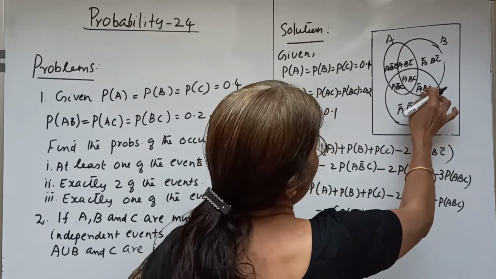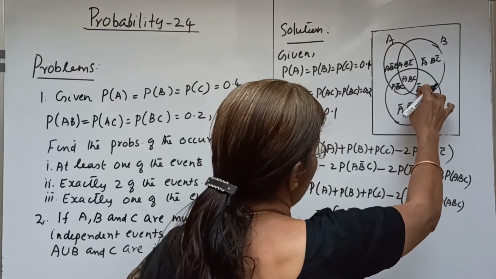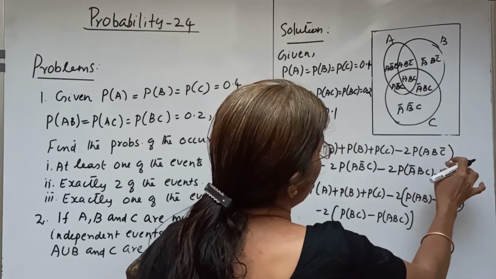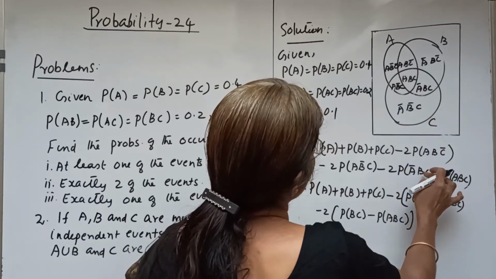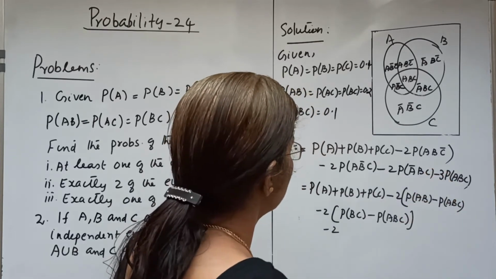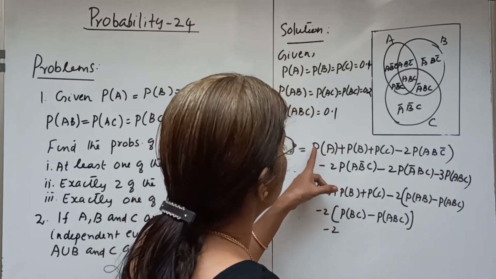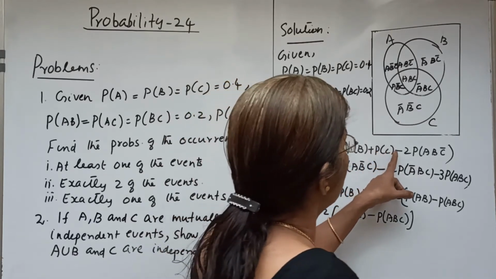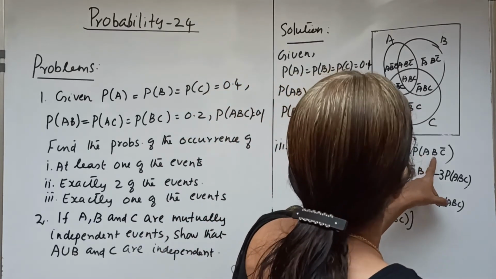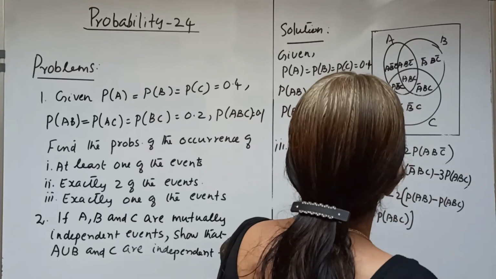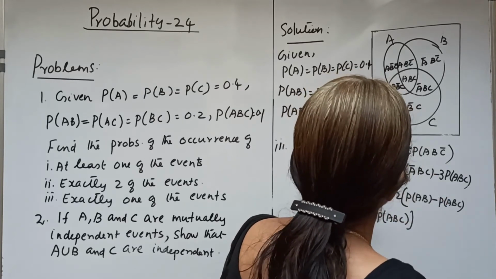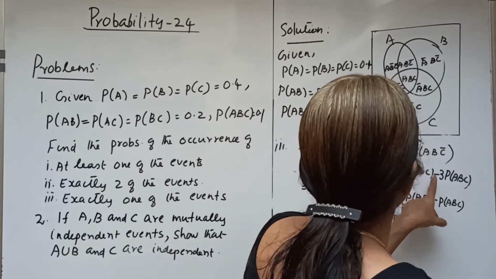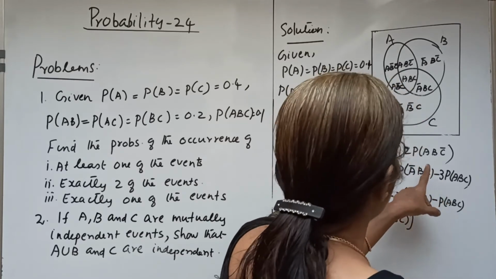This is the set A B bar C, which can be written as P of A C minus P of A B C. Let me check what I have expressed: P of A plus P of B plus P of C minus 2 P of A B C bar minus 2 P of A B bar C minus 2 P of A bar B C minus 3 P of A B C.